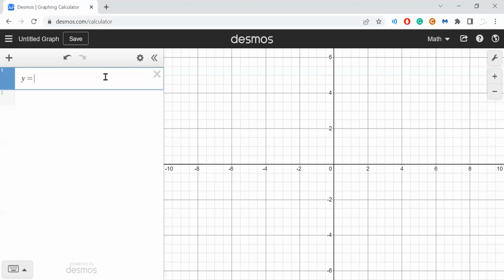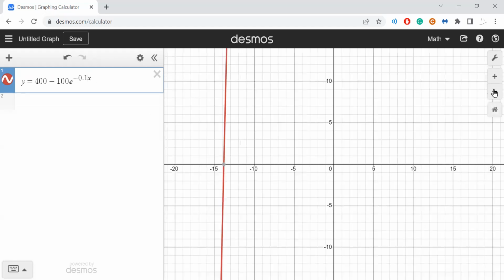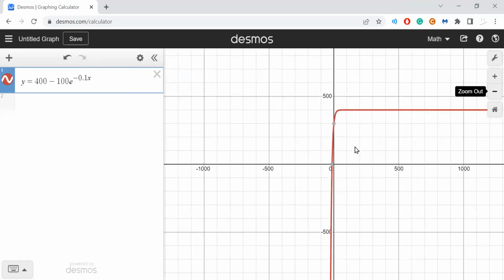The graph calculator, right? You can just draw the graph. This is a replacement for GC. So minus A could be positive 100. Let's say it's positive 100 times e to the power of negative 0.1x. Instead of t, it's x. So I can zoom out a bit. What do you notice about the graph?